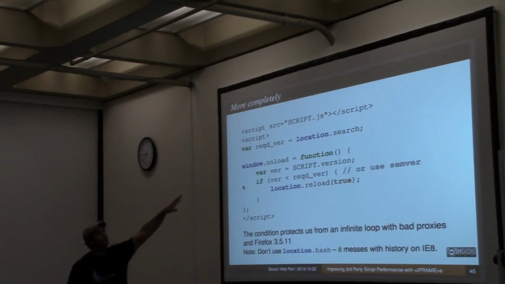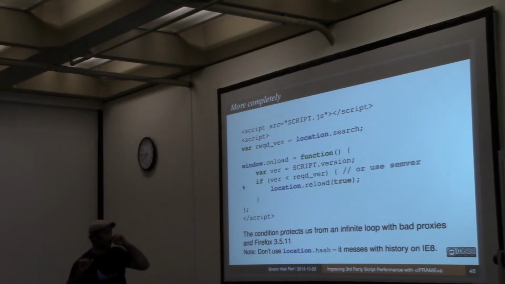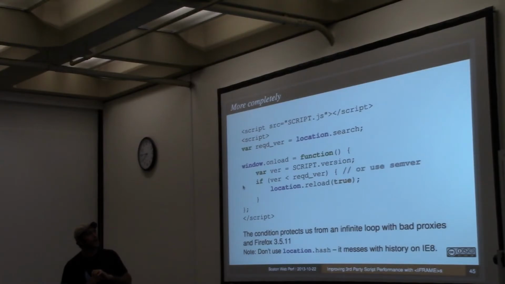So we pull out the required version from location.search, which is everything from the question mark onwards in your URL. We compare that with the script version. And if the script version is less than the required version, we just reload. If it's not, we don't reload.